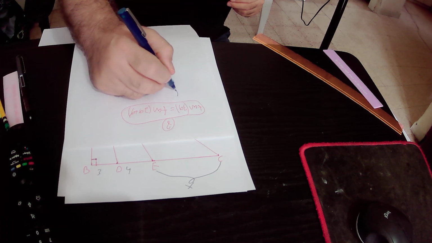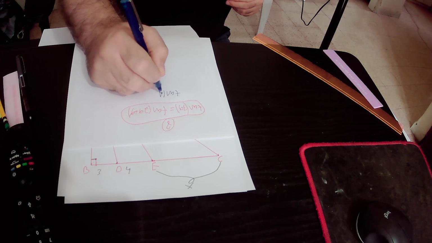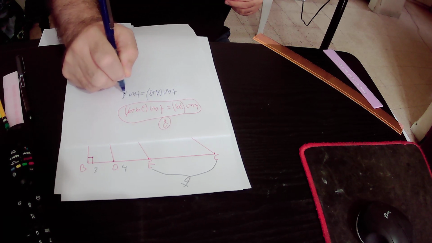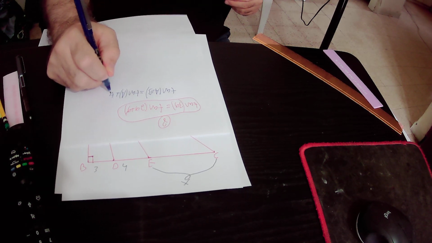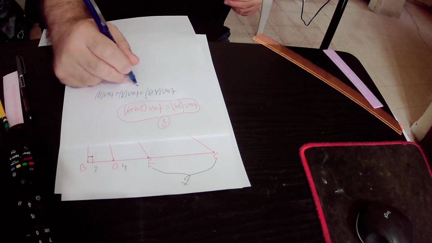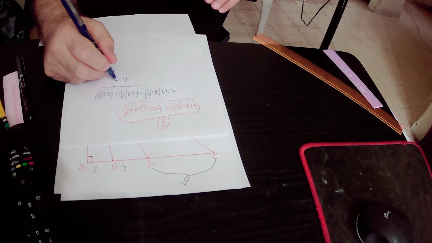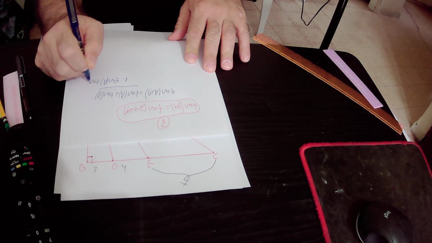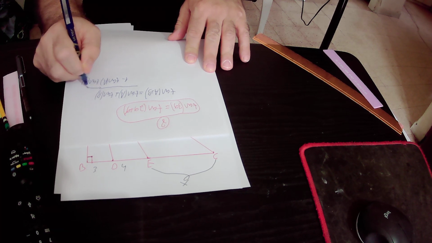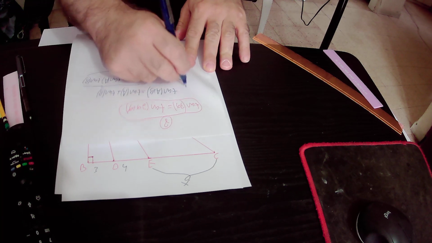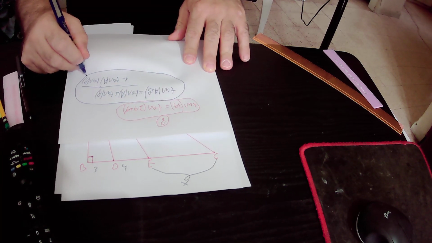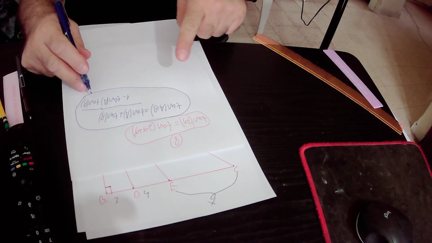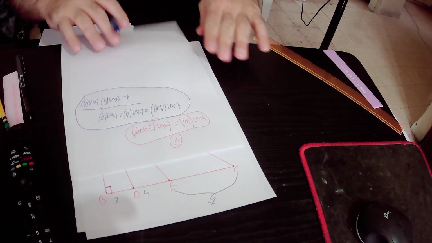The trigonometric identity is tangent of A plus B equals tangent A plus tangent B over 1 minus tangent A times tangent B. Again, tangent of A plus B equals tangent A plus tangent B over 1 minus tangent A times tangent B. So we will use this identity to find the value of tangent of 2 alpha plus alpha.